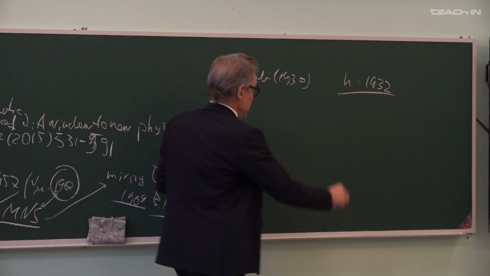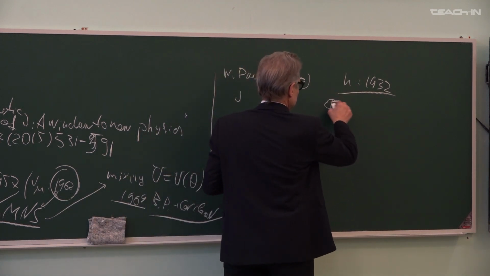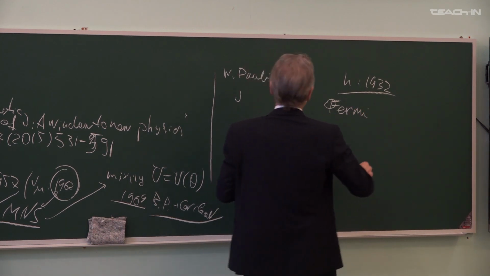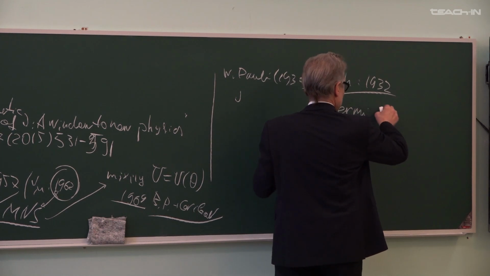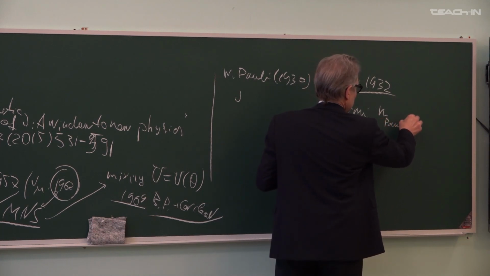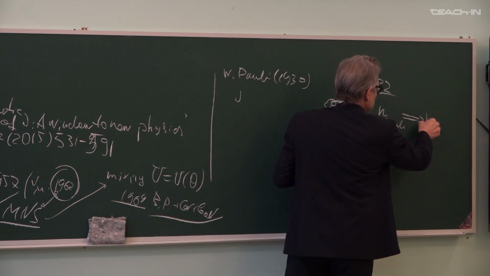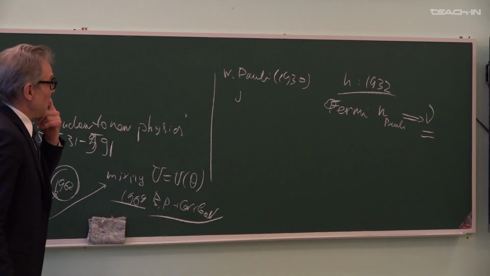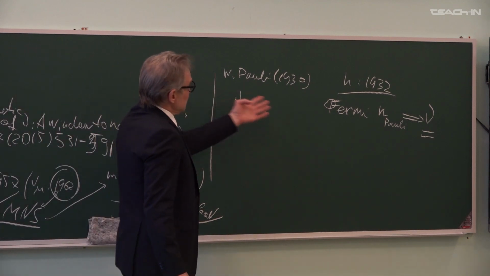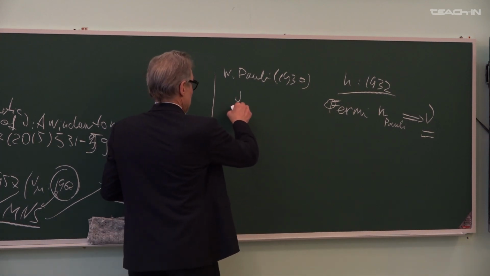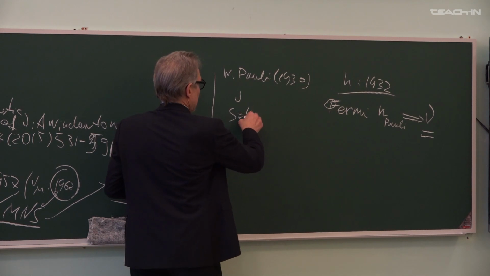And Enrico Fermi renamed neutron of Pauli to neutrino, small neutral particle. Well, when Pauli introduced, let's call it neutrino, he proposed that this particle is a fermion.